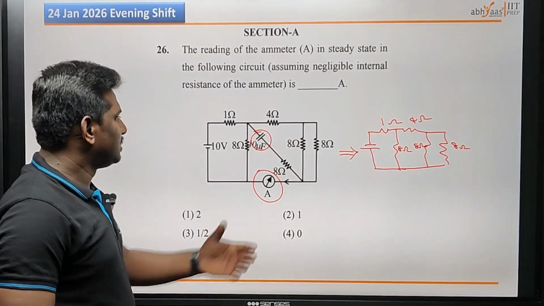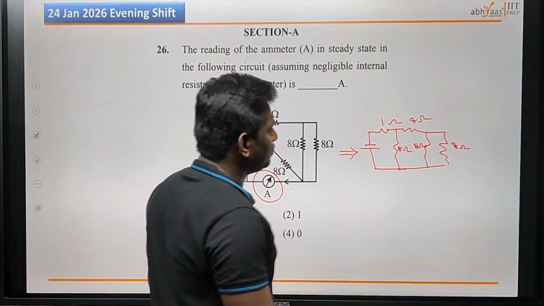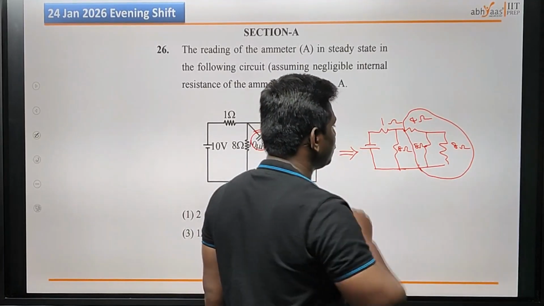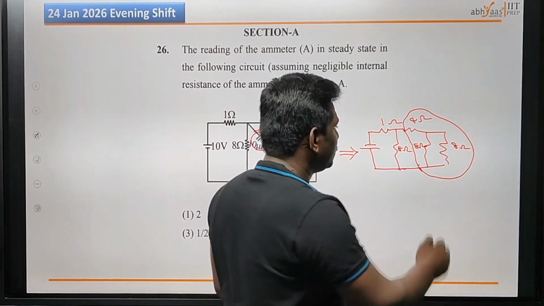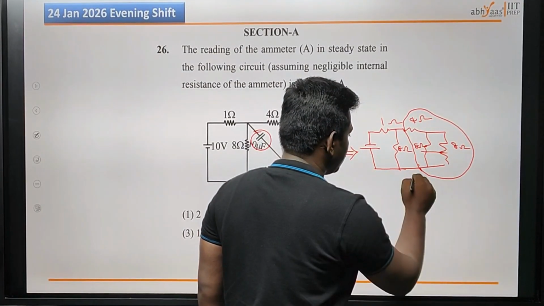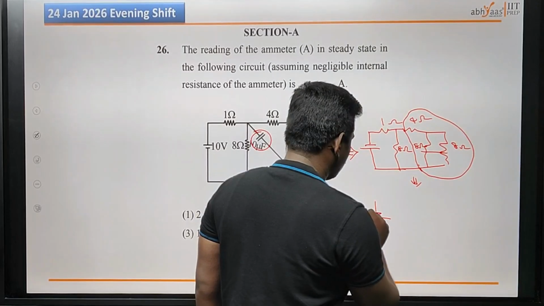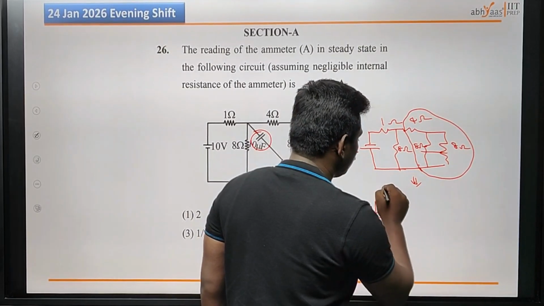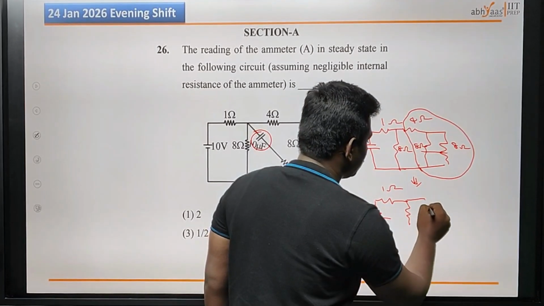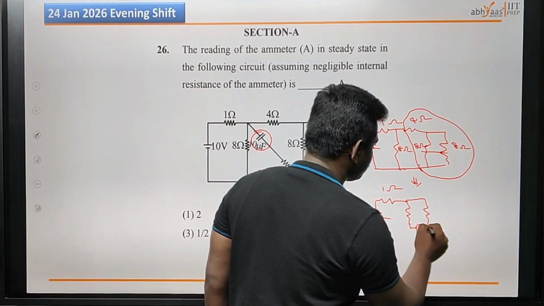This is open circuit, so we are not considering this term. If you calculate this, 8 by 2 is 4, and 4 plus 4 is 8. So you have 9 volts and 1 ohm, this is 8 ohms, we have one more 8, and this is our ammeter.